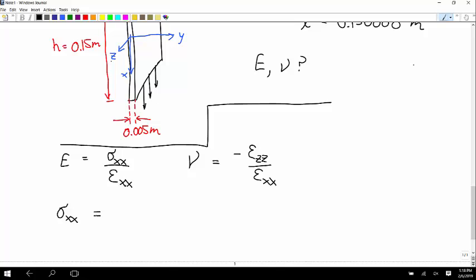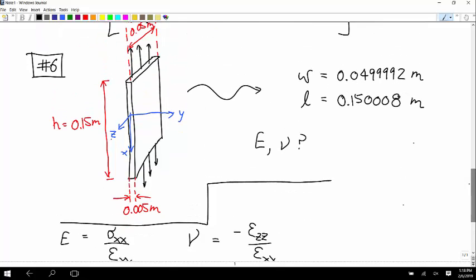So 2,000 newtons divided by the cross-sectional area, like that top area. So that's going to be 0.05 times 0.005.